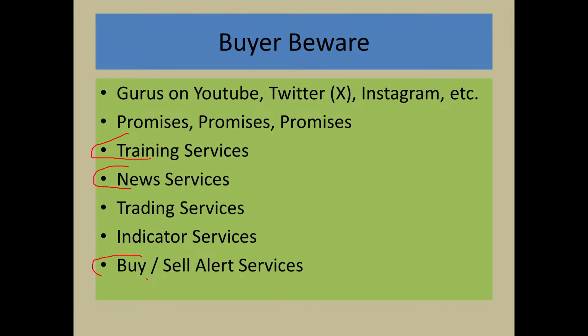Then I got into, if you pay me $50 a month, I give you access to my Discord group, and when I make a trade, I will post that trade in the Discord, and all you have to do is follow my trade. $50 a month. Okay. Didn't sound like a bad deal until you realize you're not going to learn anything.